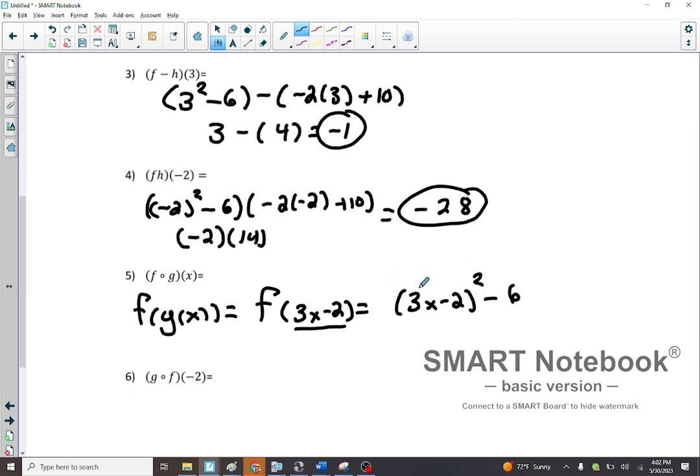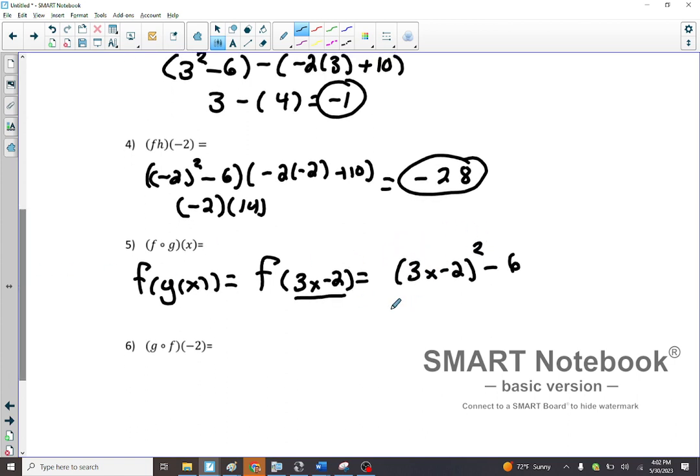Remember, I can't just distribute the squared. I actually have to think about foiling it, which gives 9x squared minus 12x plus 4, minus 6. I'm just doing it quickly. So 9x squared minus 12x minus 2.